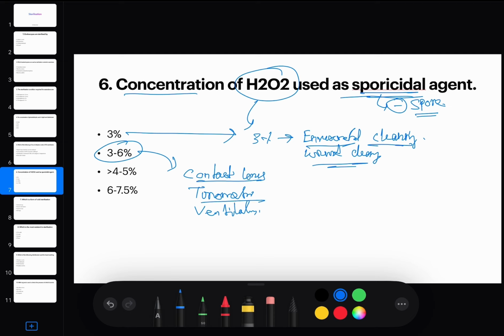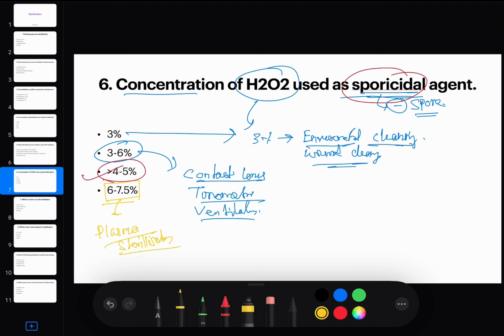And the third one is our answer: more than 4 to 5% is used as the sporicidal agent. This is the answer. And the other one is 6 to 7.5%, which is used in plasma sterilization.